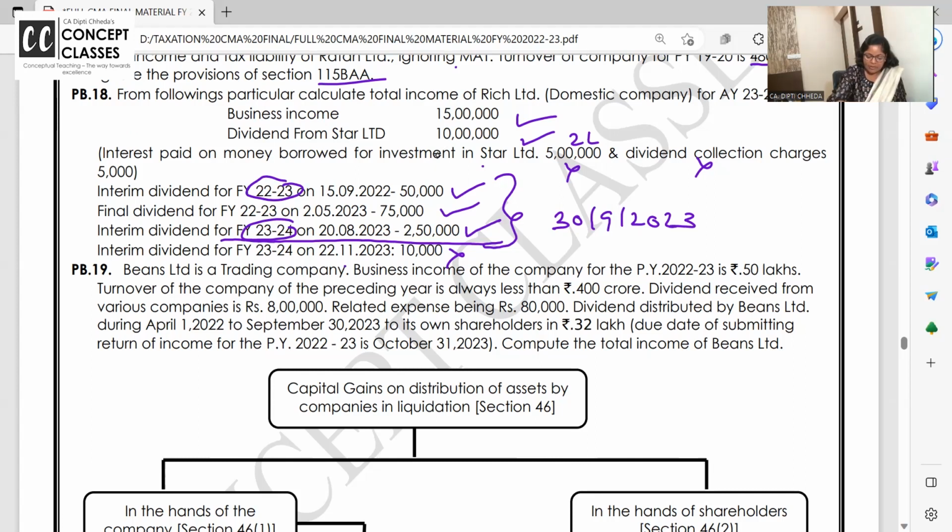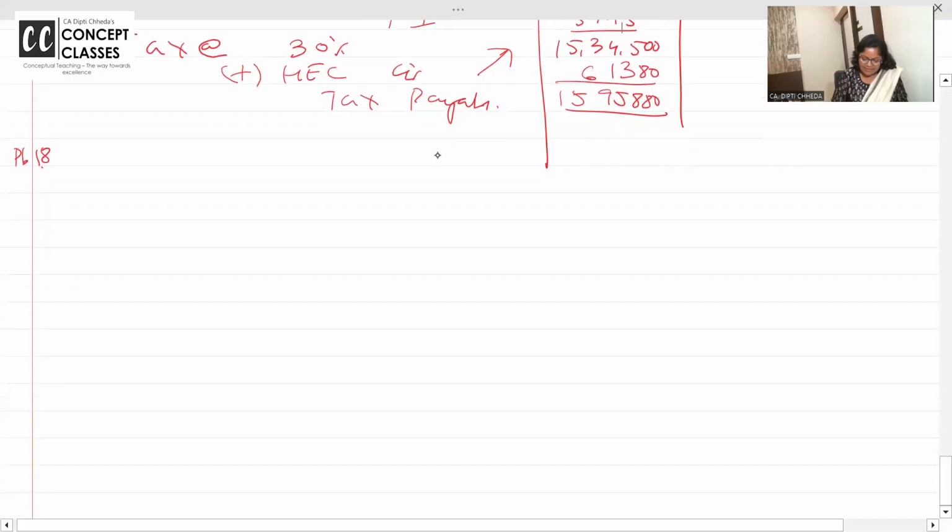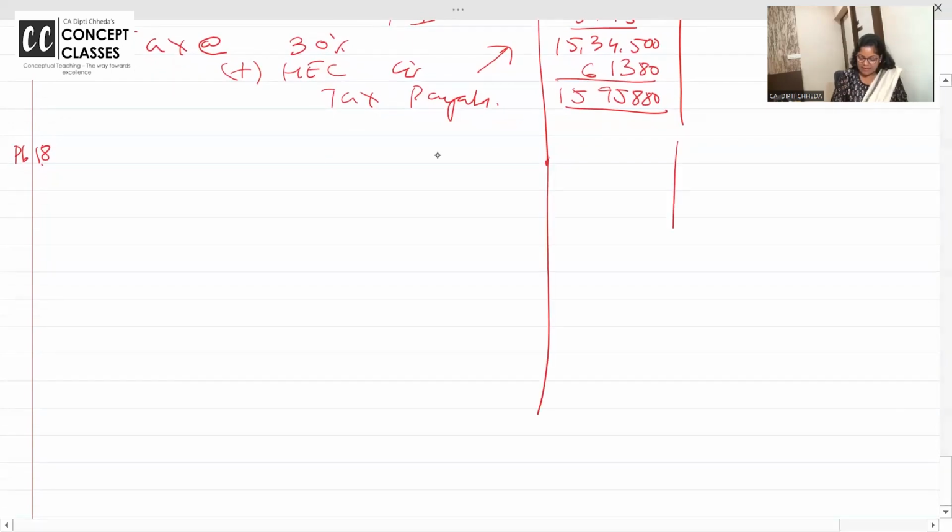Chalo, let us take up this problem. Business income is how much? 15 lakhs. Same kind of problem, I think you all can do it with me.